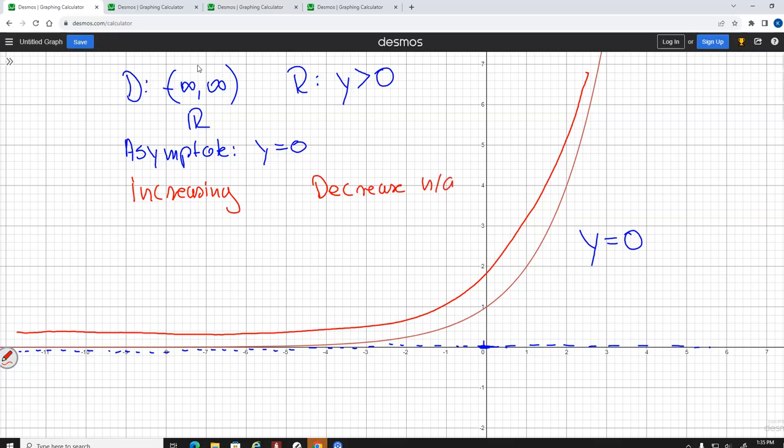So you can put NA on the decrease. Now it is increasing, again, freely from left to the right, okay? So it's coming from negative infinity to positive infinity, because it's coming from here, and it's going to continue to grow toward the right, okay? Toward positive infinity.